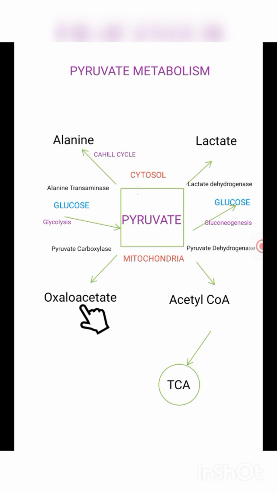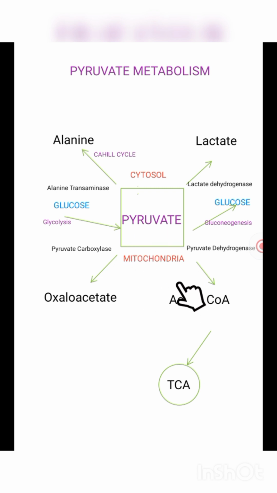Now, this oxaloacetate, as we may know, could be very important in the TCA cycle because it's oxaloacetate that combines with acetyl-CoA in the TCA cycle to form citrate in the first step. On the other hand, this oxaloacetate can be utilized in gluconeogenesis. We know that this can be converted to malate and shuttled into the cytosol where malate can be converted back to oxaloacetate and then proceed in gluconeogenesis. So this is one other possible option.